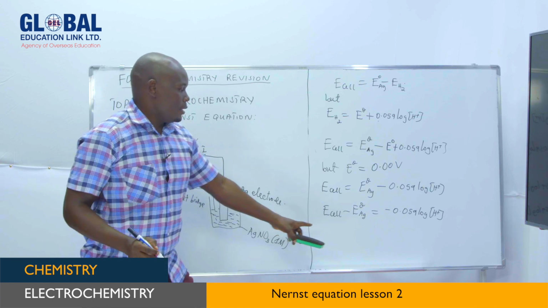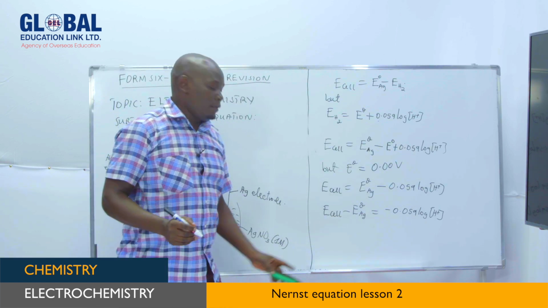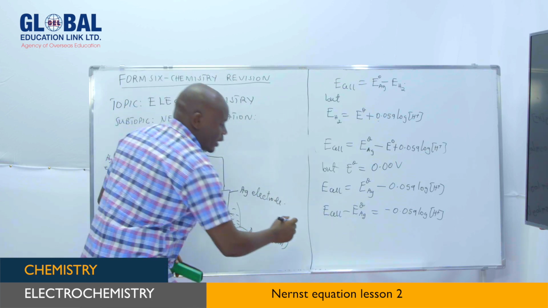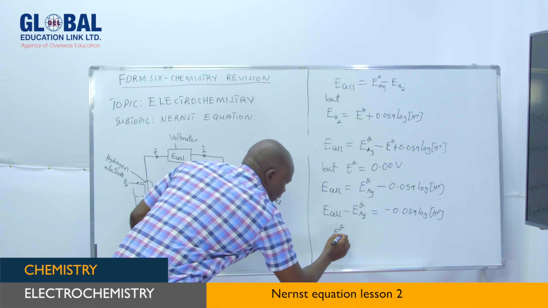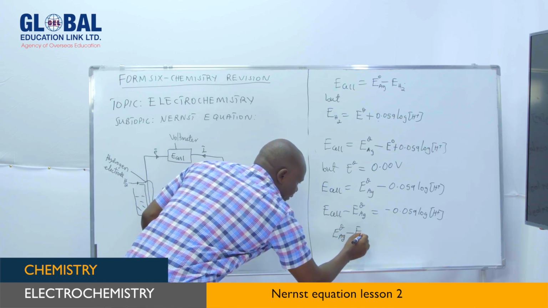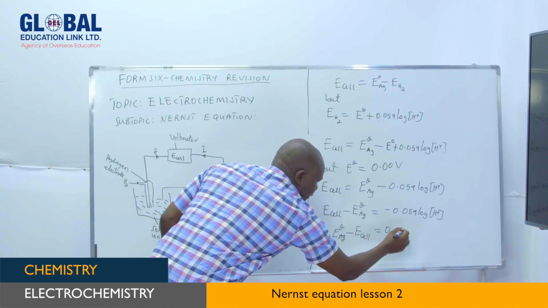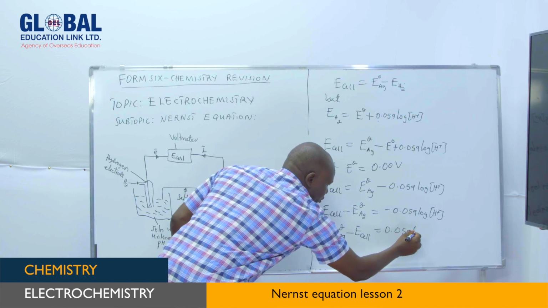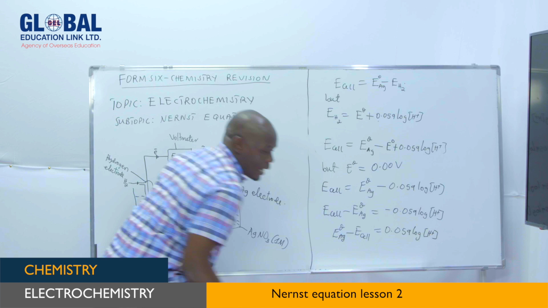And if we divide by the negative sign throughout the equation, then on this side you have E standard of silver minus E of cell, equal to 0.059 log of concentration of hydrogen ions.